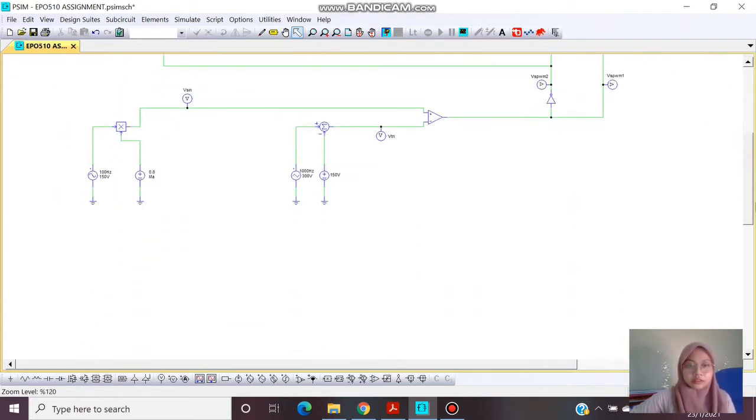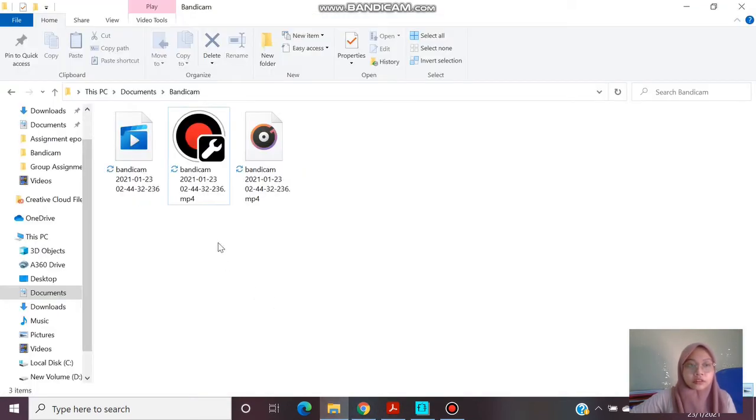Next, let's focus on this part. This is the reference signal and this is the carrier signal. First, we put 150 volt here. Where do I get 150 volt?